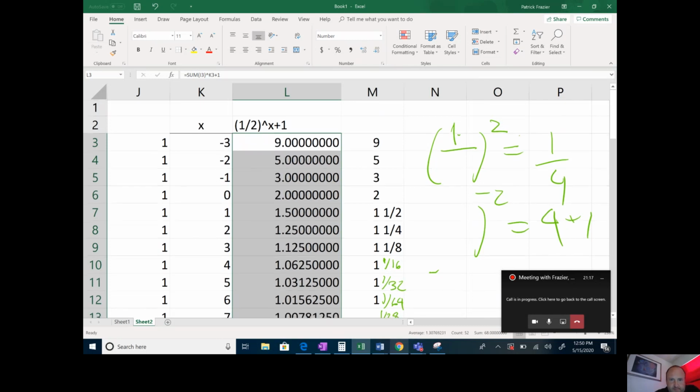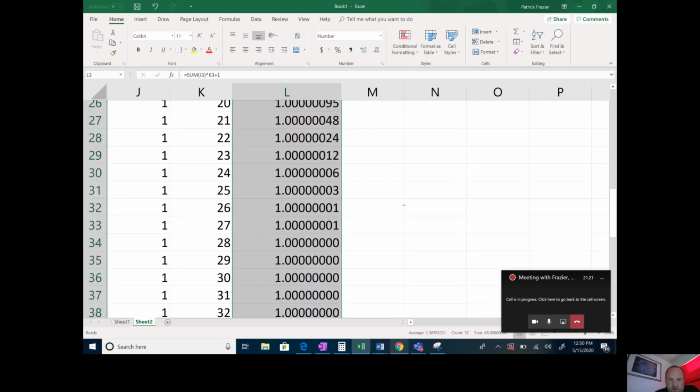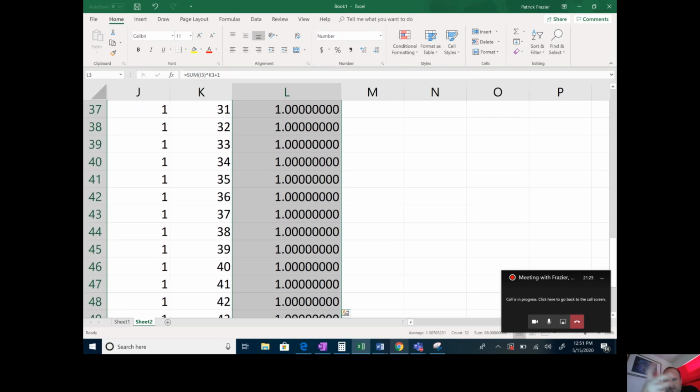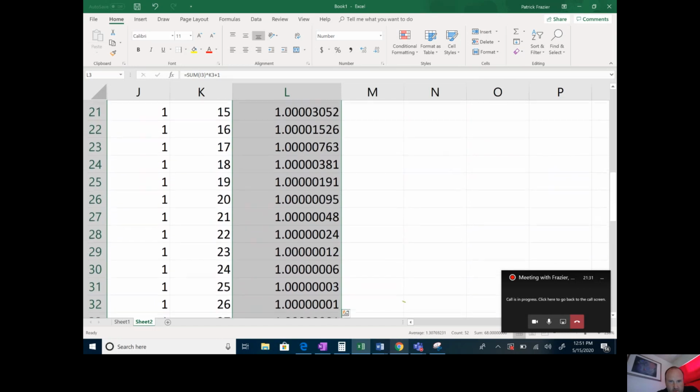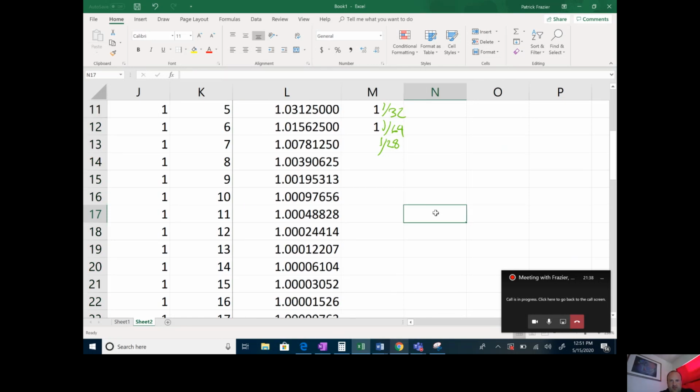So you notice all these numbers that were 1, you see a lot of zeros here, and that's because we can only round so much on Excel, but it's never actually going to reach 1. It's just becoming a smaller and smaller number that's closer and closer to 1.